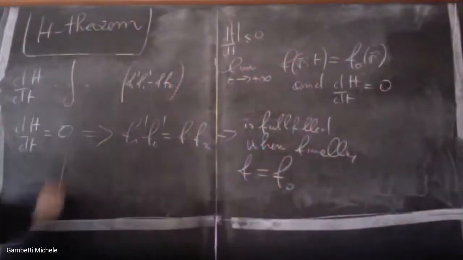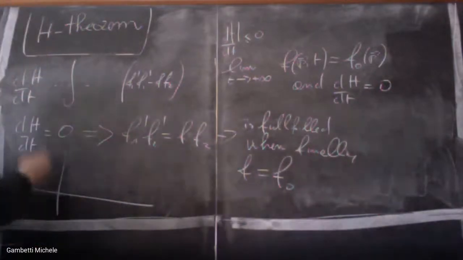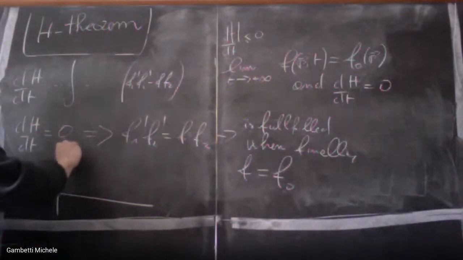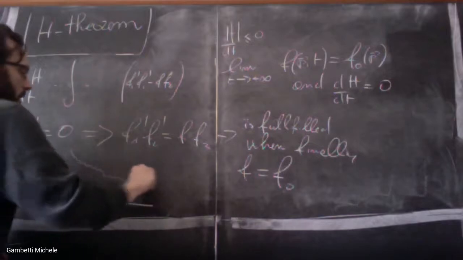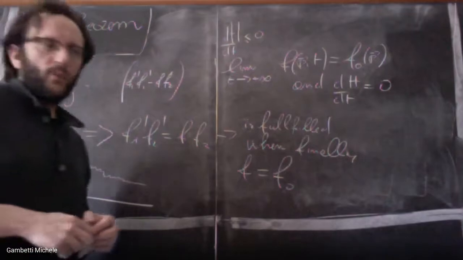Indeed, I think in the book of Wang, there are some results of simulation of H for a system, and it shows that you can have some noise, but at the end, the overall behavior of this quantity is indeed the one predicted by the H theorem.